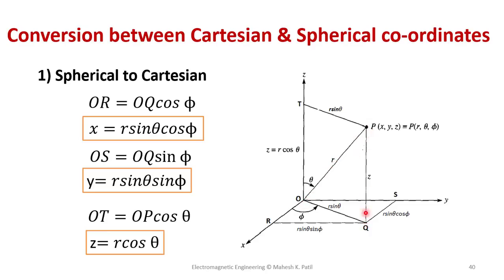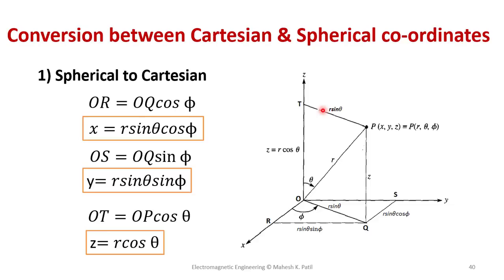Now if I see this triangle, that is the triangle OTP. So in this triangle, this is the 90 degree and this is the angle theta. So this angle theta means it is the angle made with respect to Z axis.